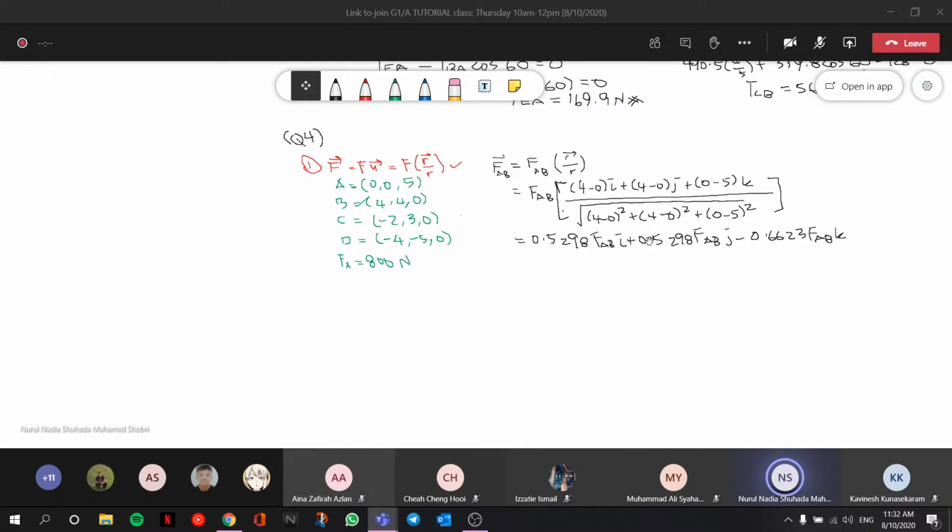So next we find the vector FAC. The same formula.